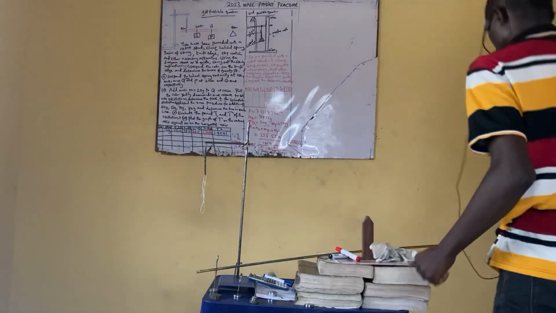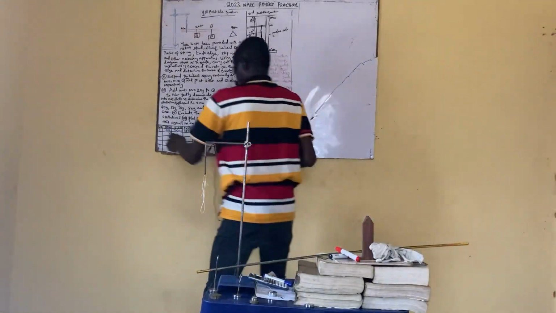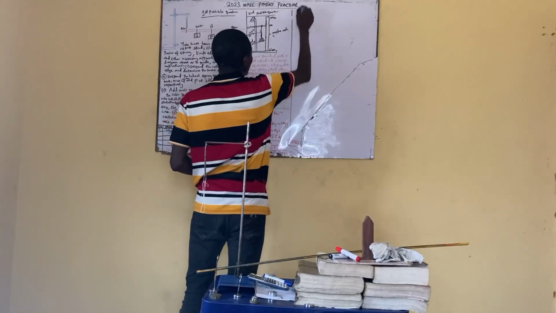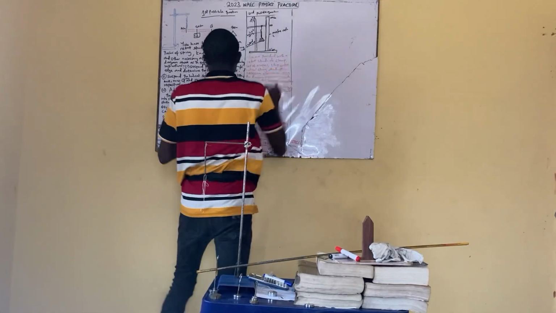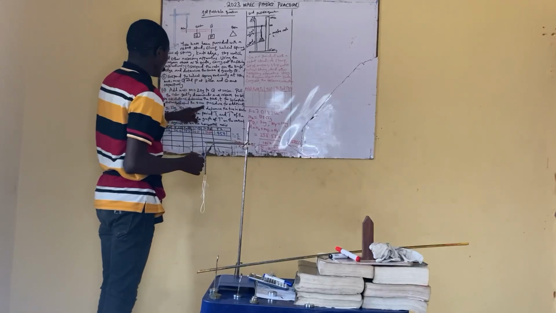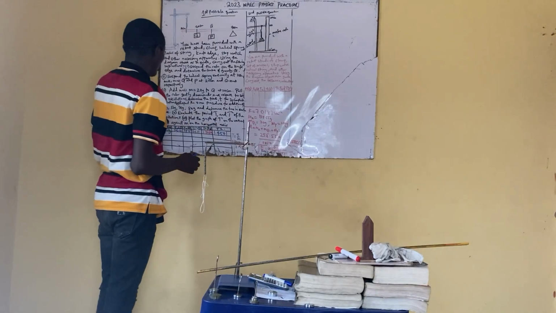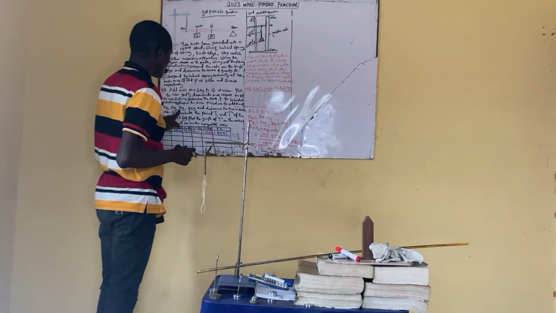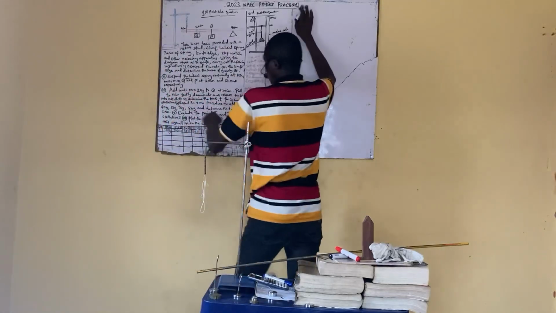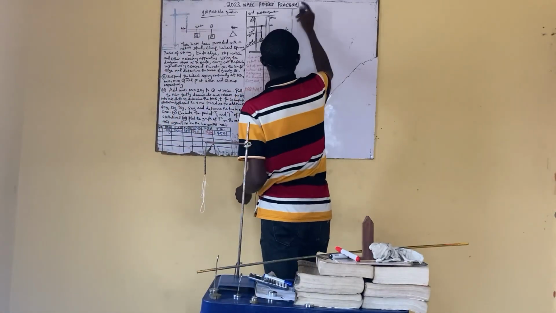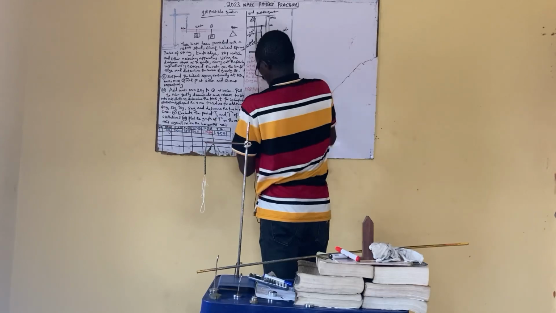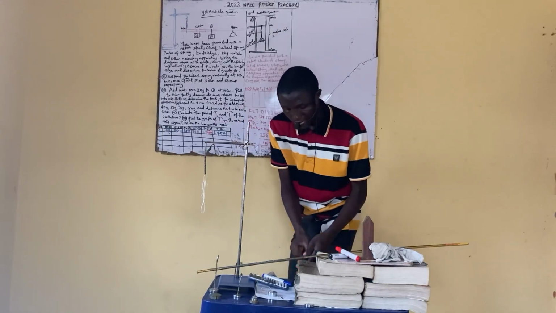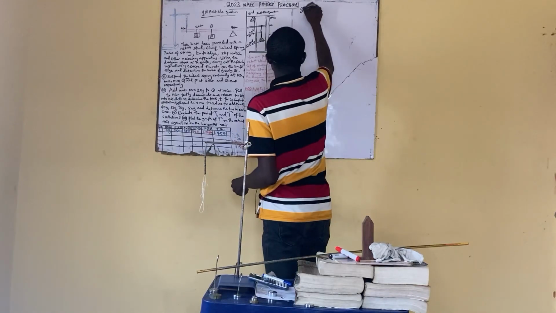Okay. So now I've calculated the first one. We are asked to repeat this procedure with the addition of 40 gram, 50 gram, 70 gram. So now this one for 40 gram, for S2, serial number 2.